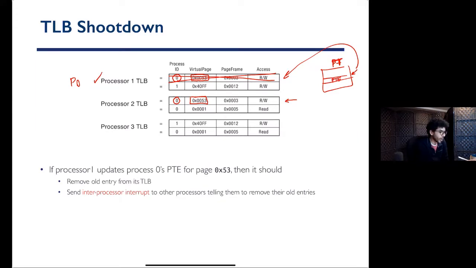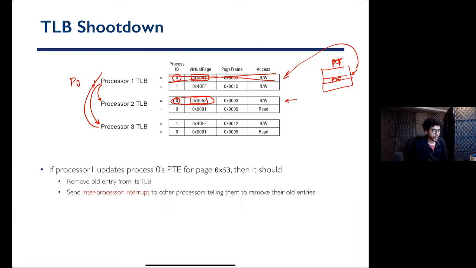Interprocessor interrupts. Processor 1 is going to interrupt processor 2, and it's going to interrupt processor 3, and tell them that if you have this particular translation, invalidate it, shoot down this particular translation from your TLBs. Now, processor 3 is going to come back to processor 1 and say, okay, I didn't have this, so it's all good.